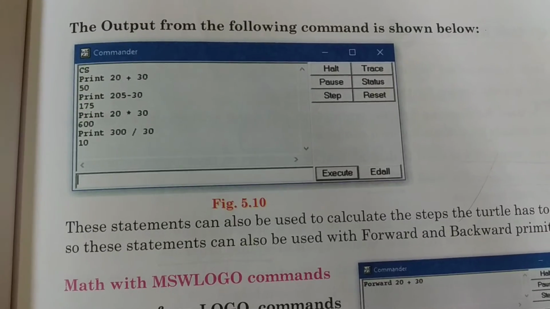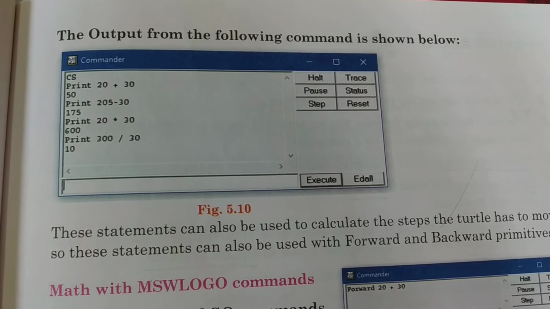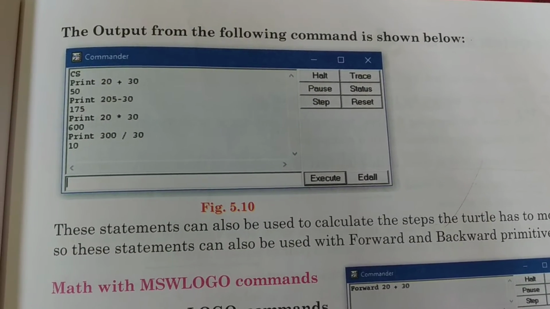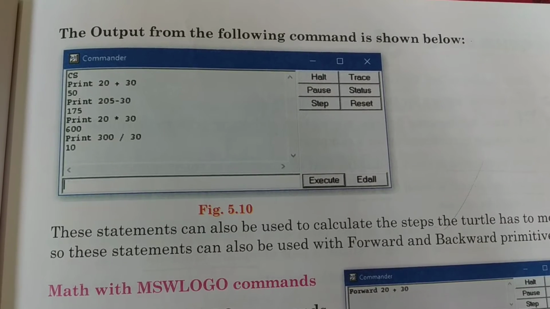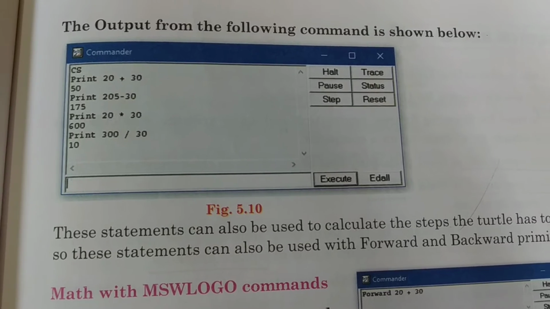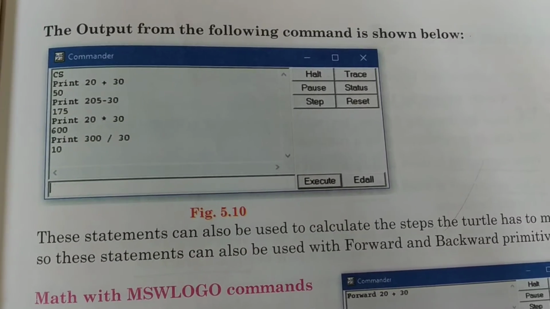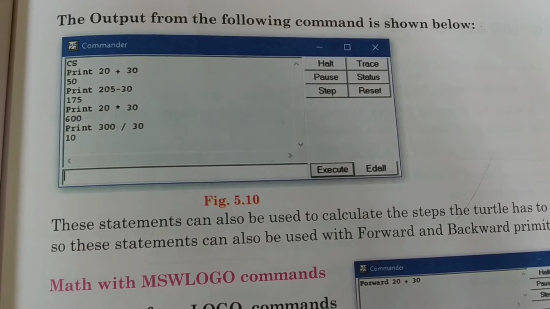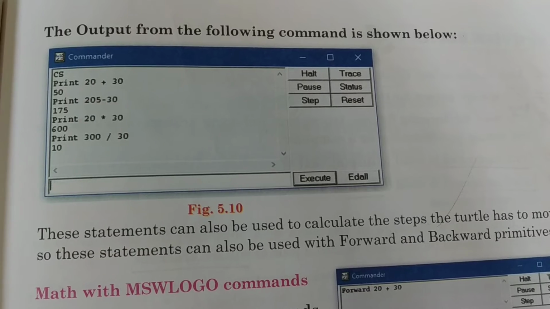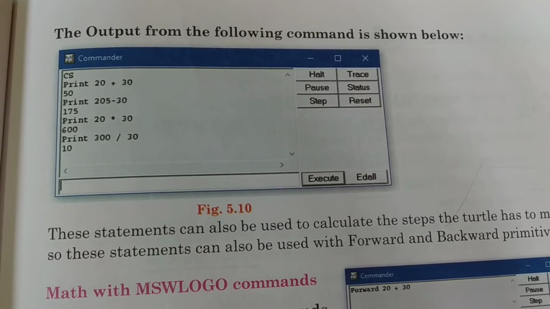See, print 20 plus 30, and then when the user clicks on the enter button or the execute button, they can see the result, 50, which is also printed here in the commander window. Why commander window? Because the print command has been used to get the desired output. So the print command always shows anything printed on the commander window.